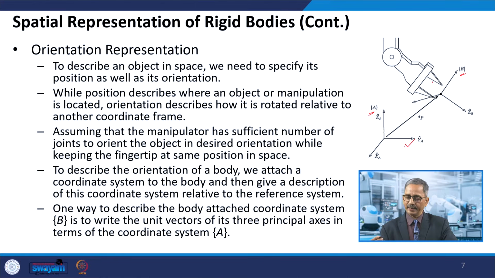Here again, giving the orientation means we need to describe frame B with respect to frame A. So, we can attach this coordinate system B and then write the unit vectors of its three principal axes in terms of the coordinate system A. That is the way we can represent the orientation.